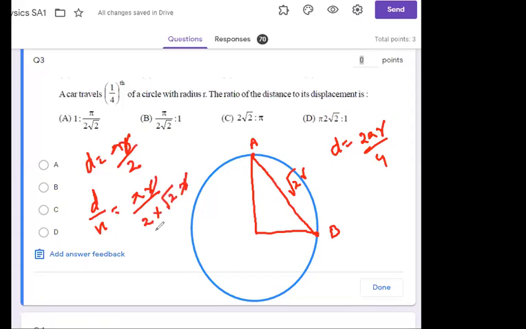R will get cancelled, so it is pi by 2 root 2 is to 1. That is B. So the answer is B.